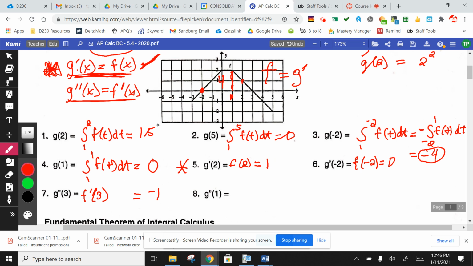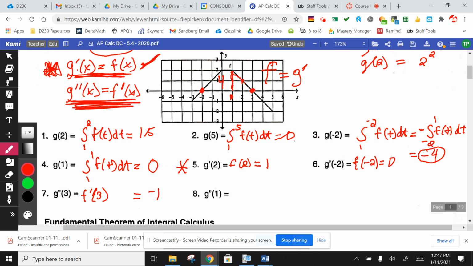So if this is now an equivalent statement, then if I want g double primed of 3, that should be the same as f primed of 3. So we go back to 3, and since this is again f, the derivative means the slope of f. So this is just a line, so we really could just kind of do old algebra. Doesn't this always have a slope of a -1 in here? So at 3, our slope is a -1. That's where we get the -1 from.